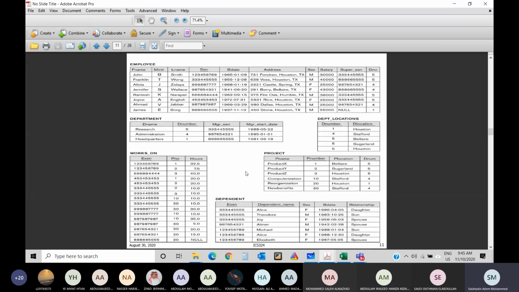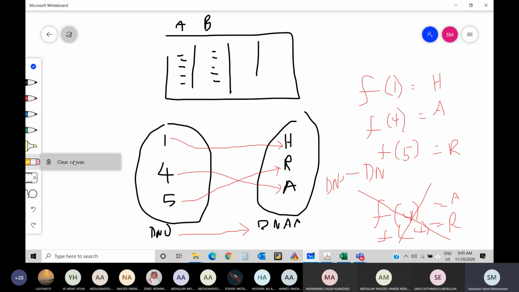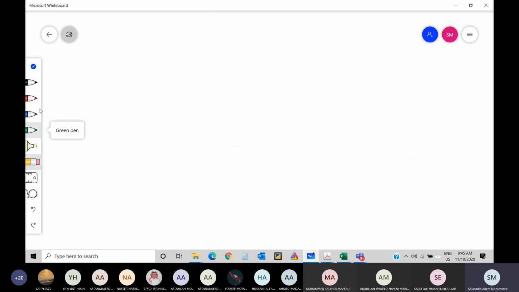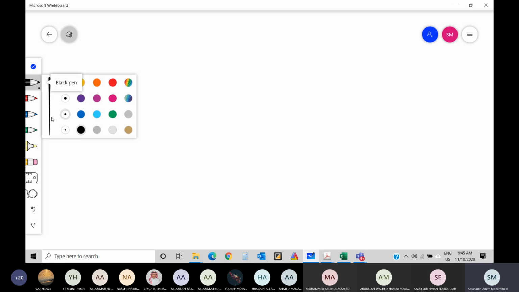Let me find another one. Is there a functional dependency between dependent name and sex? Or sorry, between, no, not right. Let me just make a table so we can understand it. Let's assume I have this table here, and I will put some values in.